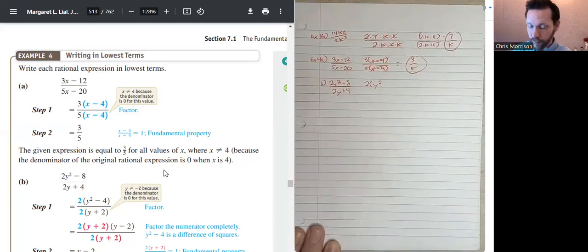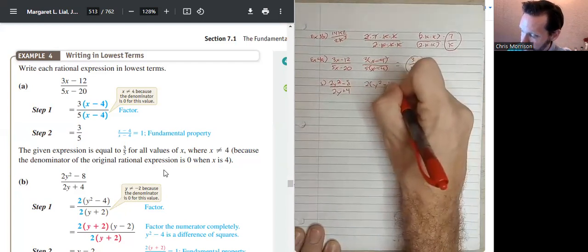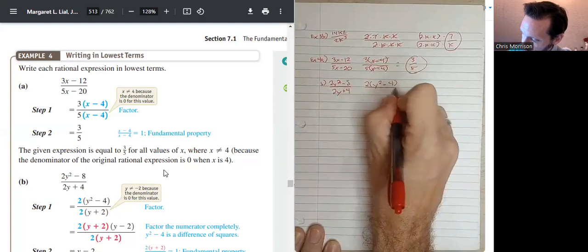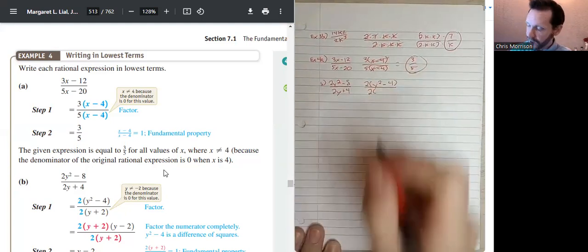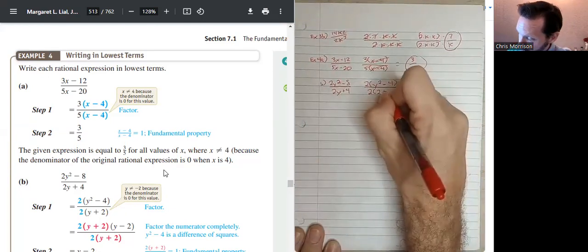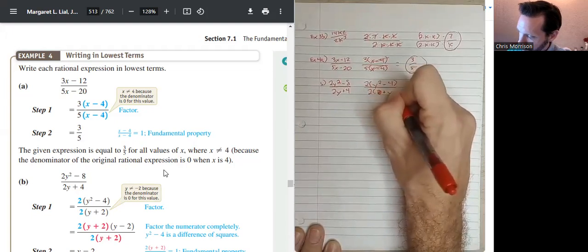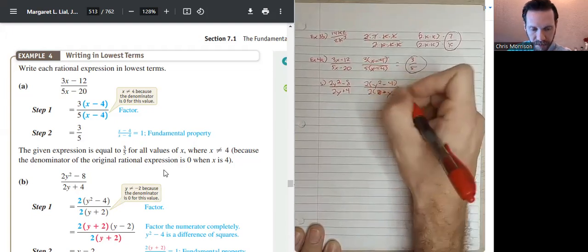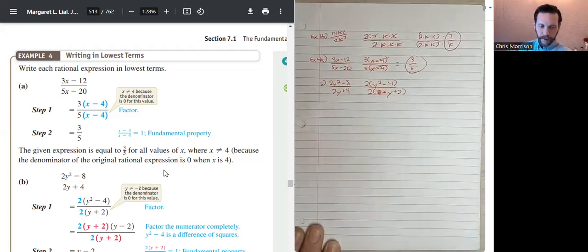Divide negative 8 by 2, I get negative 4, over, again, 2y plus 4, factor out the 2. 2y divided by 2 is just going to be y. Positive 4 divided by 2 is going to be positive 2. That's y plus 2. Yep, that's what it should be.